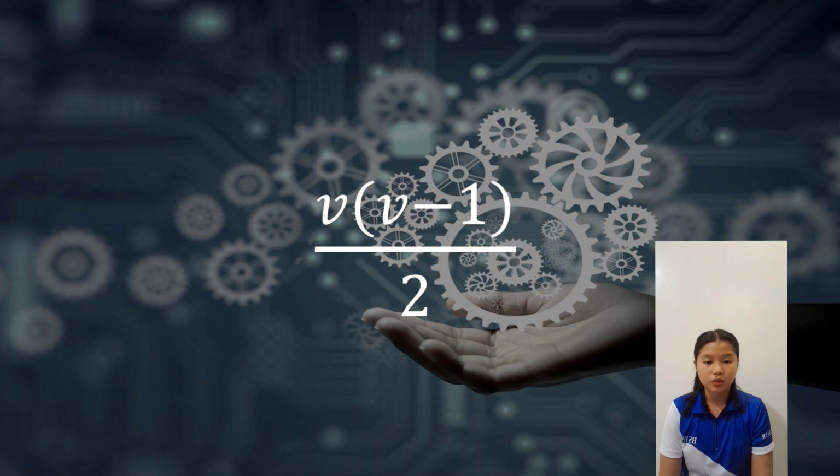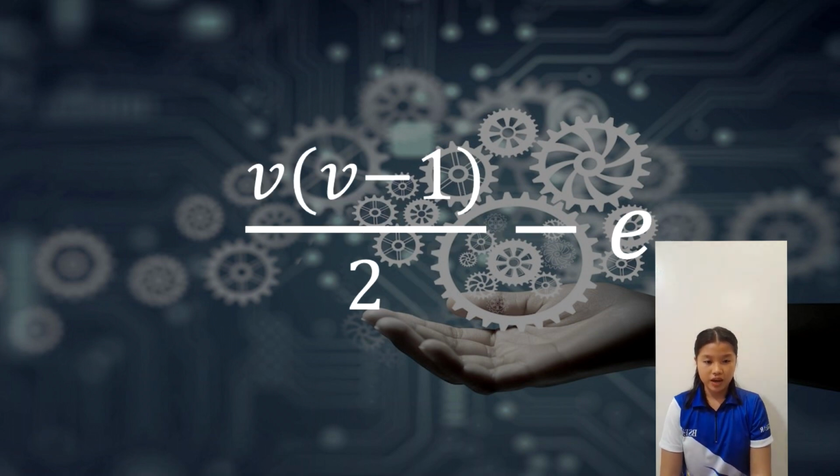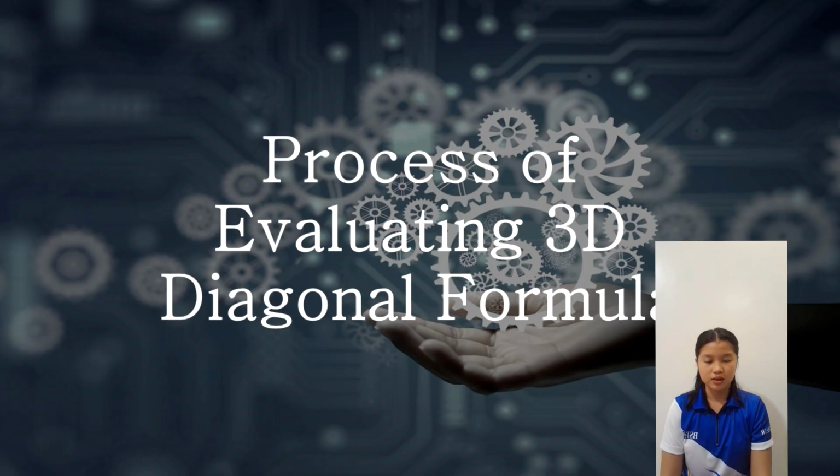Then we subtract the number of edges to remove the excess pairs, which signifies that the only remaining pairs are diagonals. So V in the formula is the vertex and E is the edge.